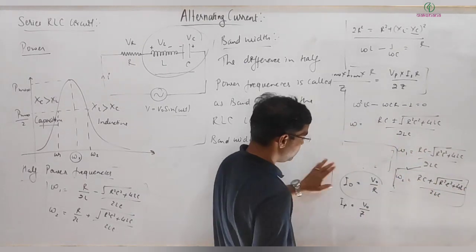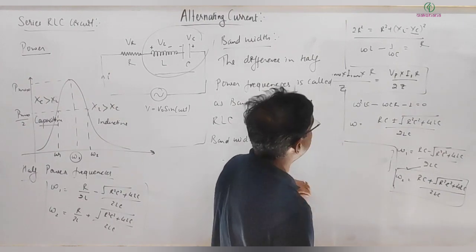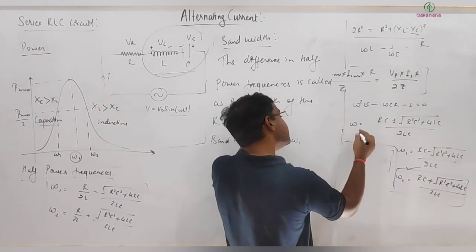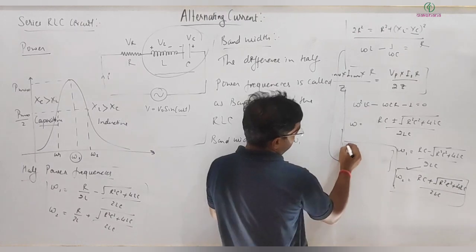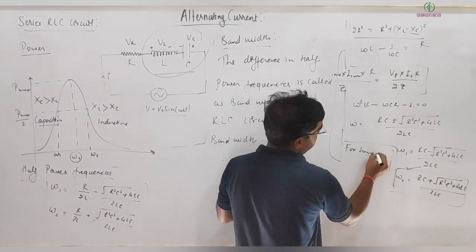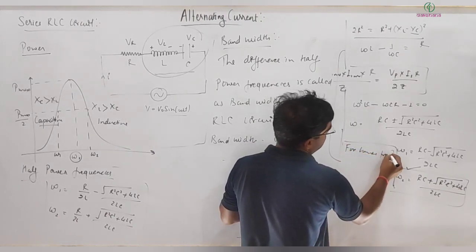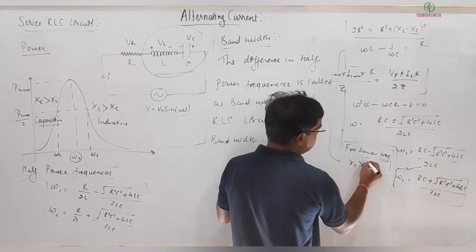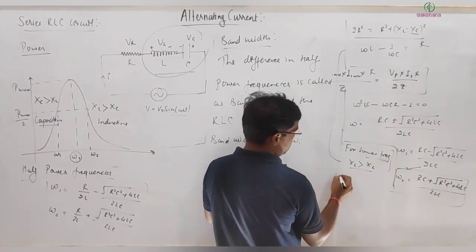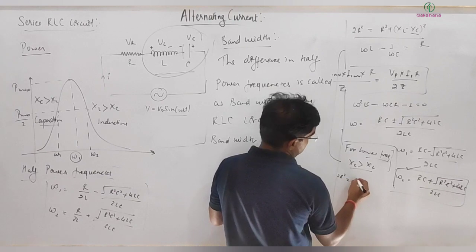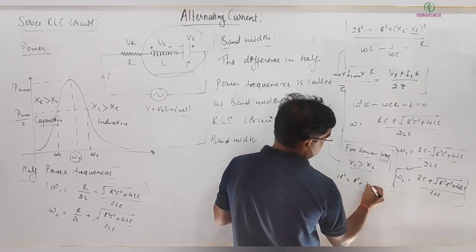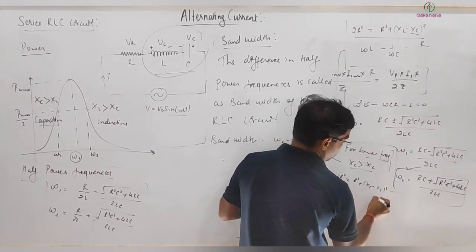Next, if we want to calculate omega lower, I should use the circuit for the lower half power frequency. XC will be greater than XL, so I write 2R square equal to R square plus (XC minus XL) whole square.